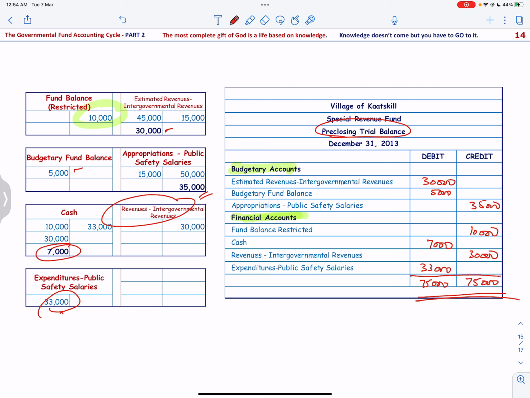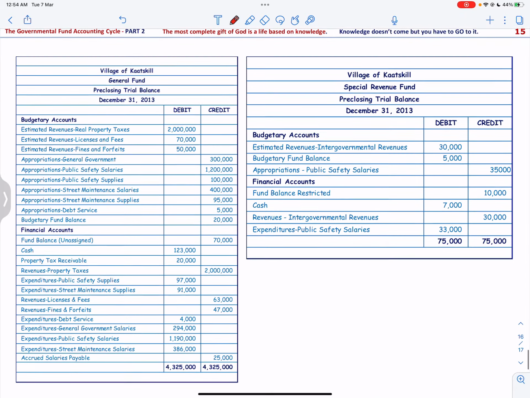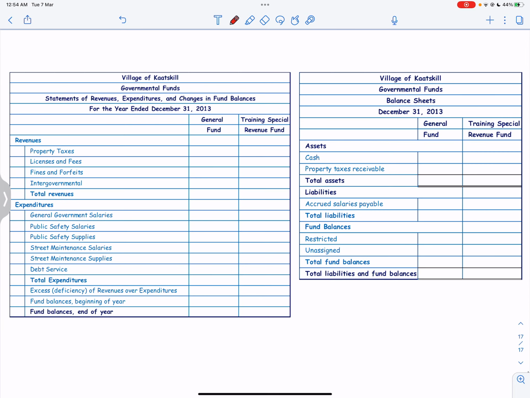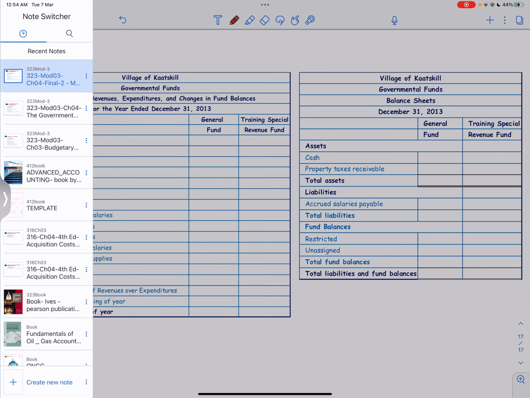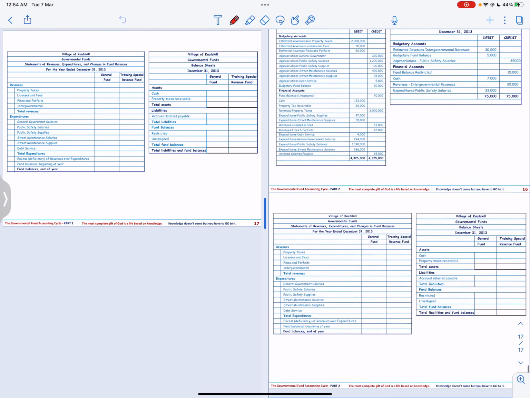Next we are going to prepare the statement of revenue, expenditures, and changes in fund balance and the balance sheet. And for this we are going to use our trial balance for the two funds.